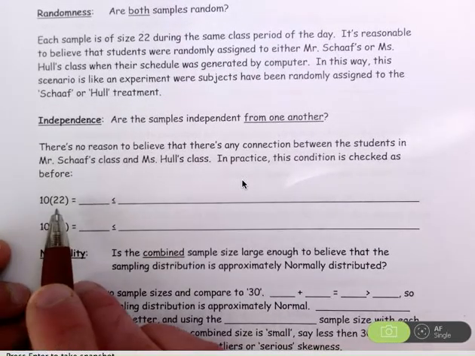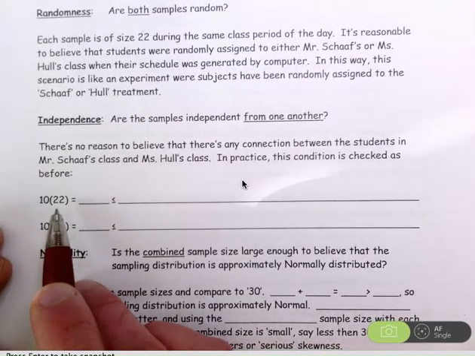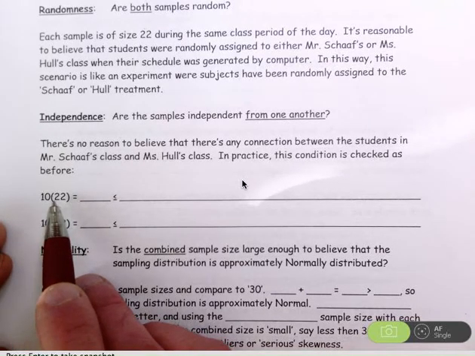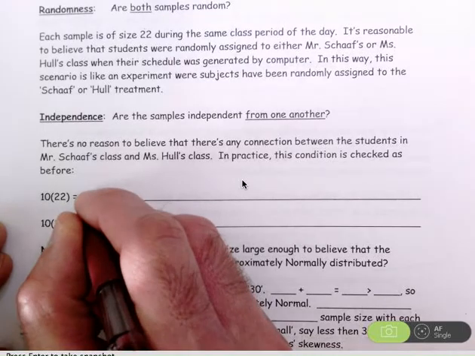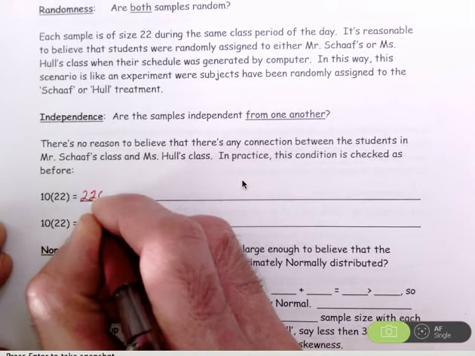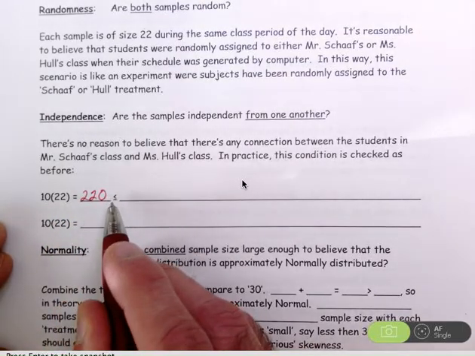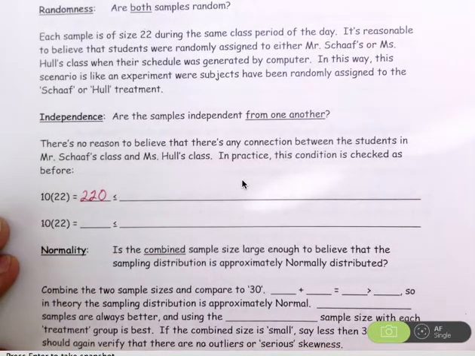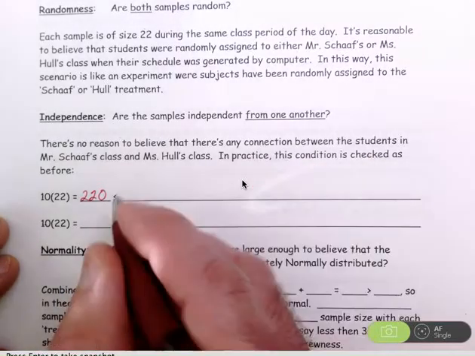So in practice, you can also check this condition as we've checked this before. You can think about taking 10 times the sample size. So 10 times 22 is 220. So this would have to be less than or equal to the number of students who have taken geometry with Mr. Schaff.